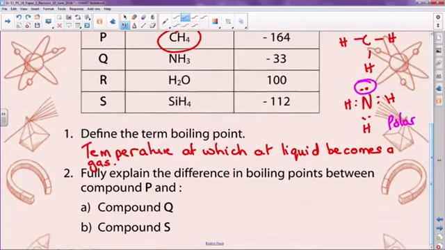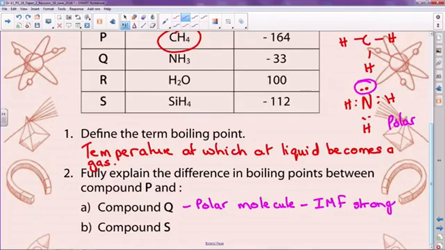If compound Q is a polar molecule, the intermolecular forces are stronger in Q. Everybody happy with that?